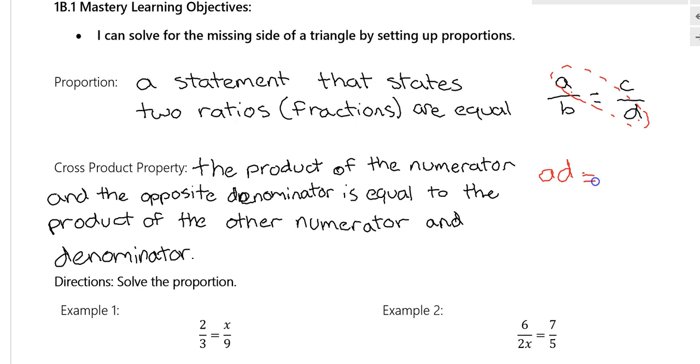That's equal, right, A times D, that's equal to the product, so again I'm multiplying, of the other numerator and denominator, B times C. So that's all the cross product property. It's also often called the butterfly method because, right, these can look like beautiful wings of my beautiful little butterfly. However you would like to remember it is fine.